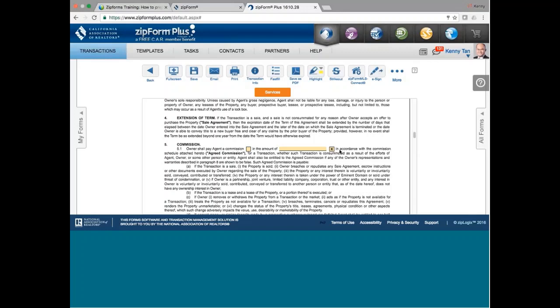Now, in this particular case, the client actually made a request to have two tiers of commission rate. If it's within this tier, it's one rate. If it's within that tier, it's another rate. Now, if that's the case, you can't really put a number here. You've got to attach a commission schedule because we have 2 tiers. So I have to prepare a commission schedule and attach it to the AIR form.